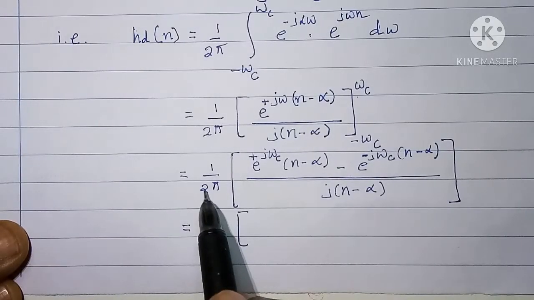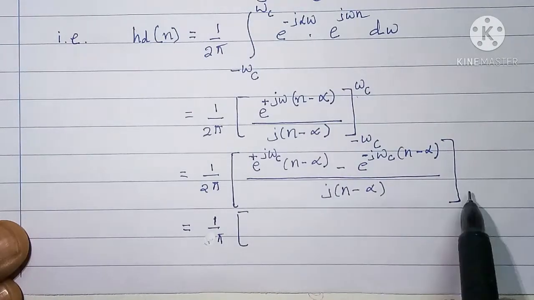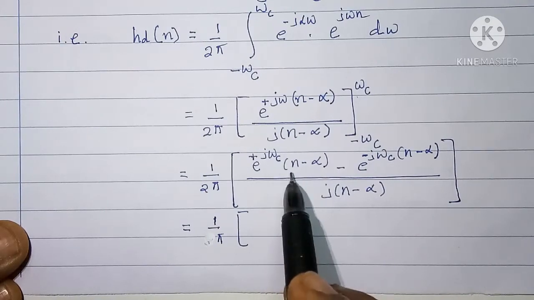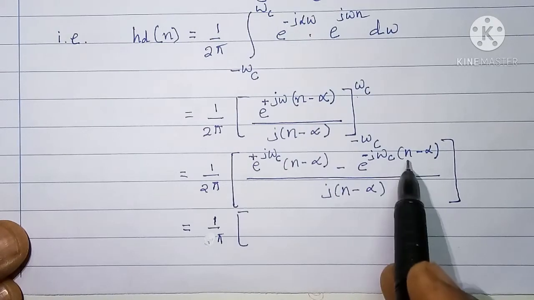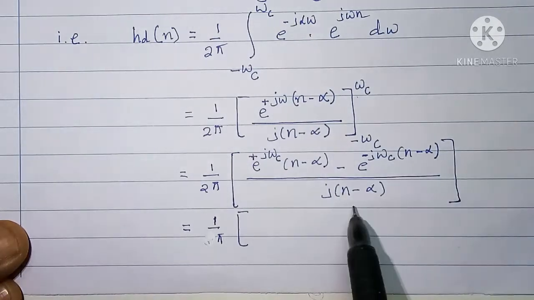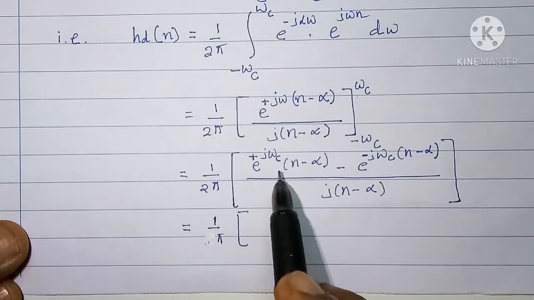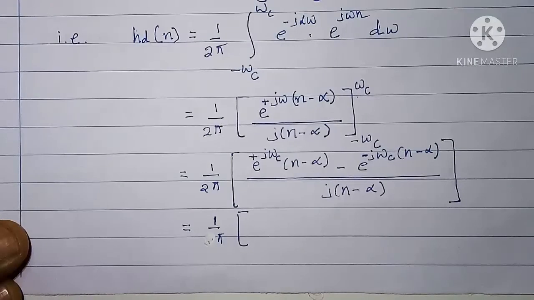Now taking this 2 inside the bracket, we get 2j here. Then e raised to j omega c into n minus alpha minus e raised to minus j omega c into n minus alpha upon 2j will become sine of omega c n minus alpha.